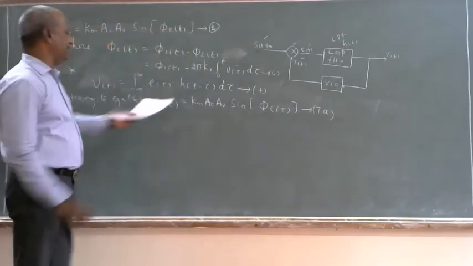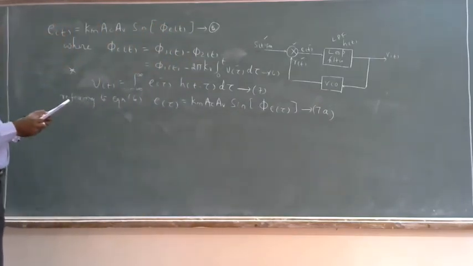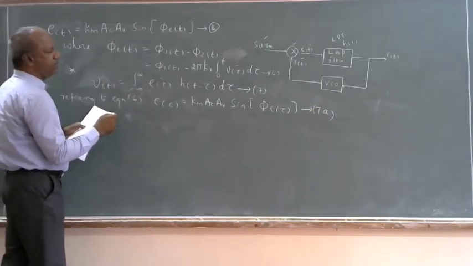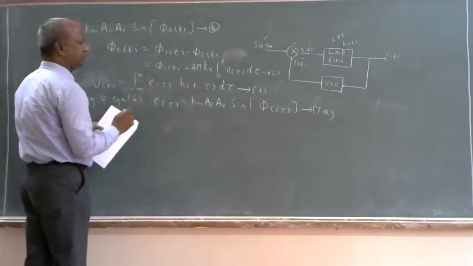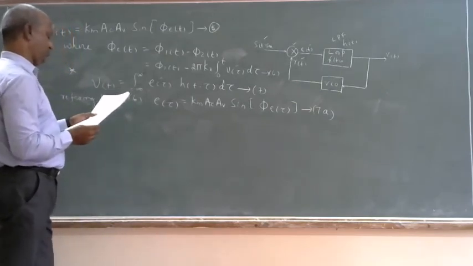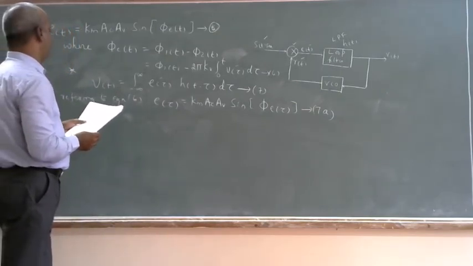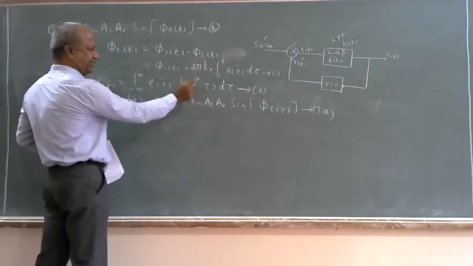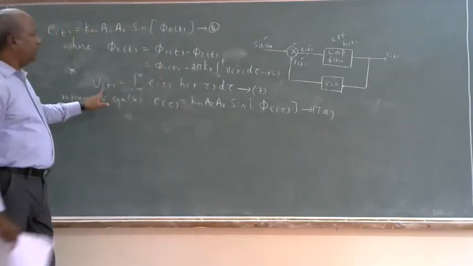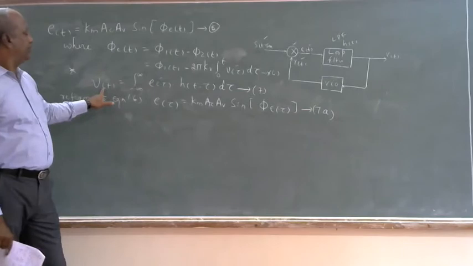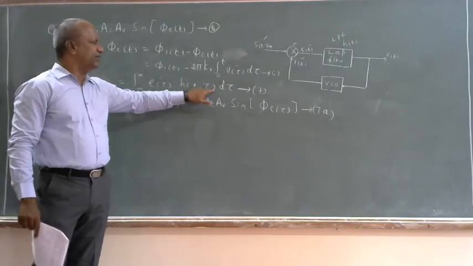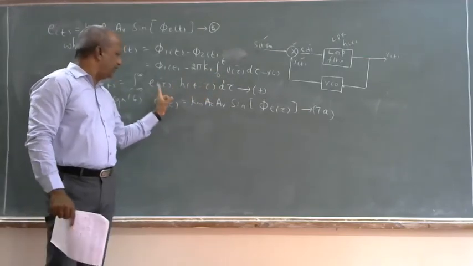Substituting 7a in 7: first you substitute 7 in 6, then substitute 7a in 7. In place of V of t you substitute this equation, and in place of E of tau you substitute this term.